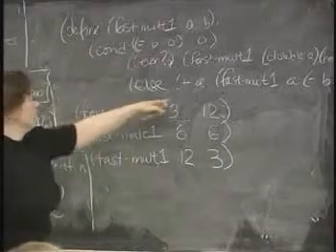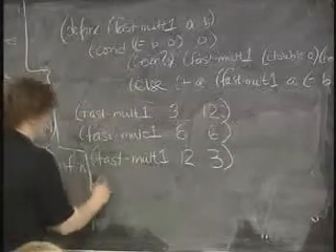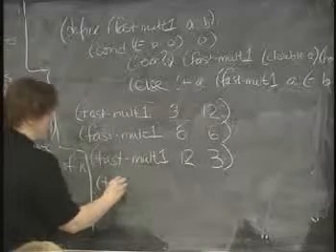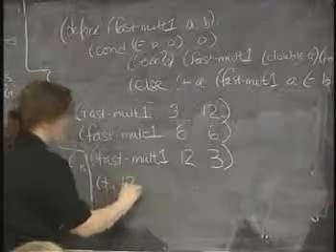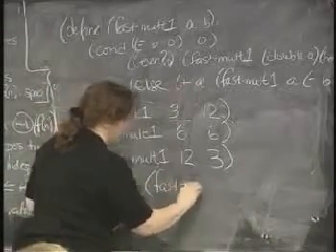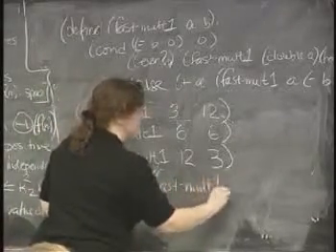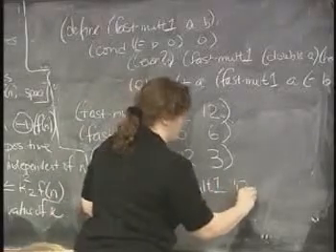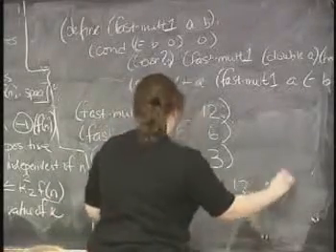Fast mult 1, B is not 0 yet. It is not even. So we delay the operation of adding A, 12, to fast mult 1 of A, B minus 1, 2.